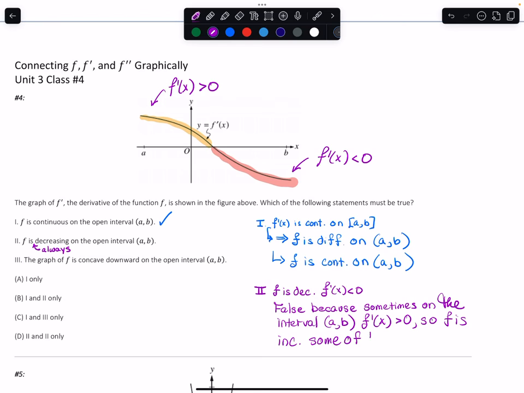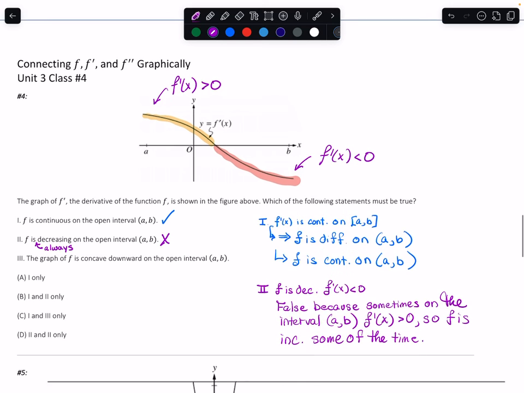I'm being a little bit non-precise, like some of the time and things. But remember, in that multiple choice situation, this is false. I don't necessarily need to be so prim and proper, but I definitely need to be able to think about things the right way. Okay, so 1 is true, 2 is false.